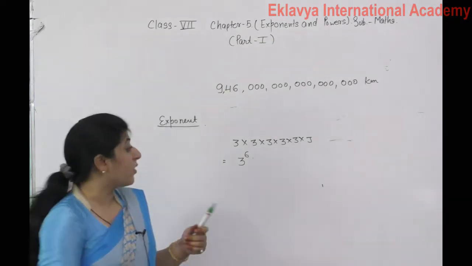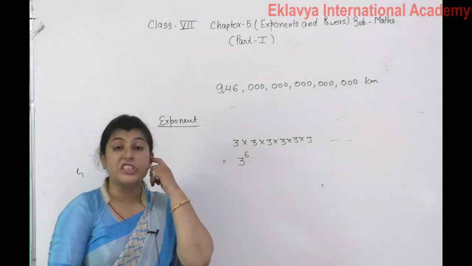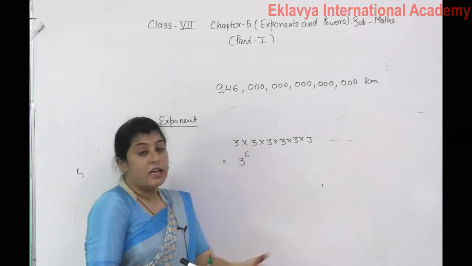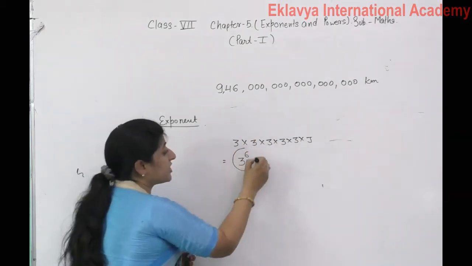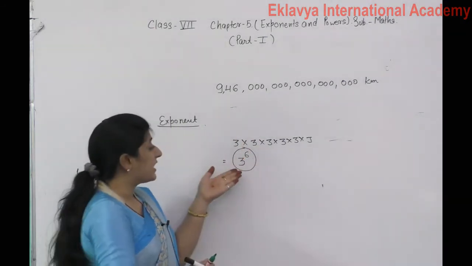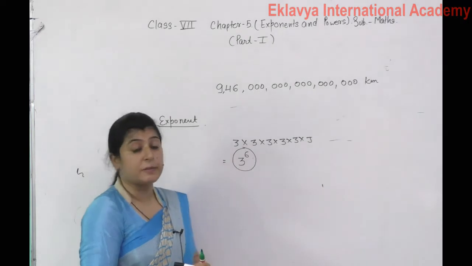So it is called the exponential form of the given data. In this exponential form, it's easy to read that it is 3 power 6.